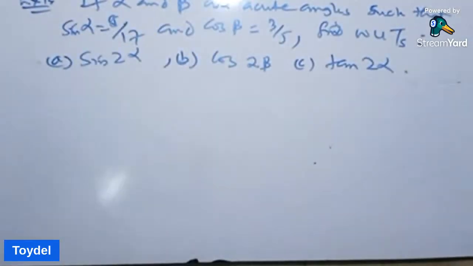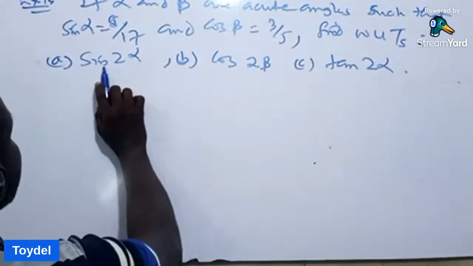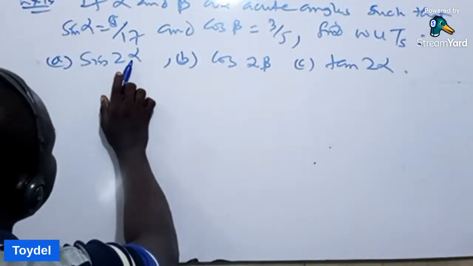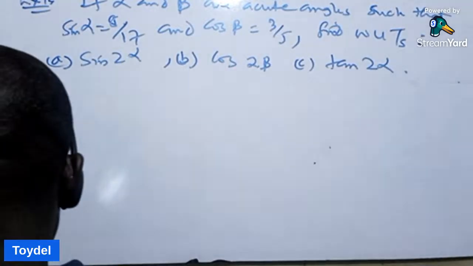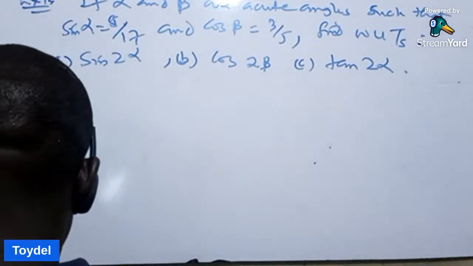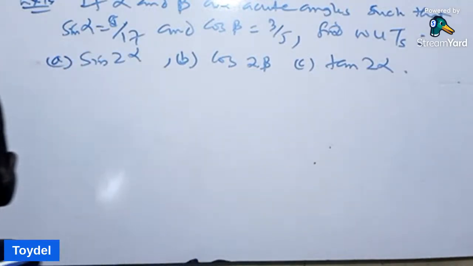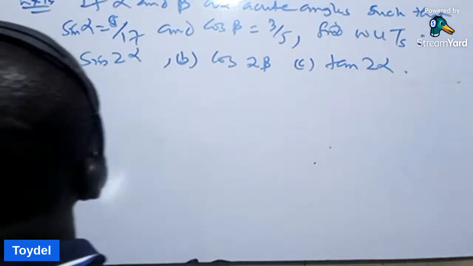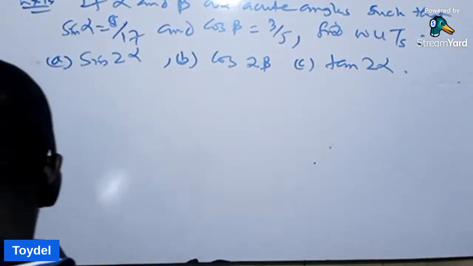So in this case, of course, we know that if we want to find sine 2 alpha, it is 2 sine alpha cos alpha.